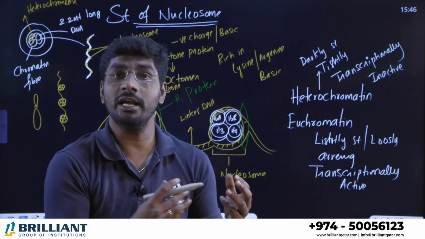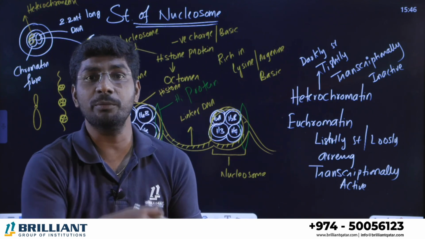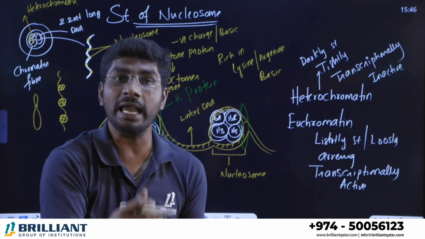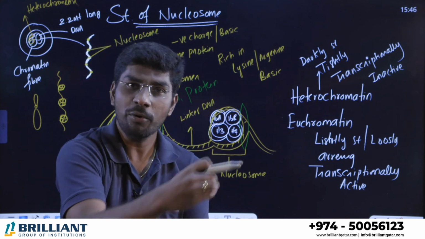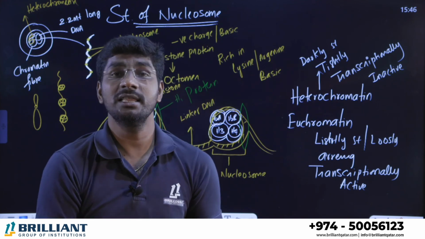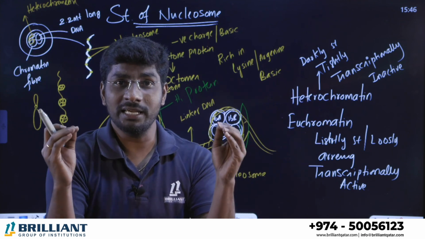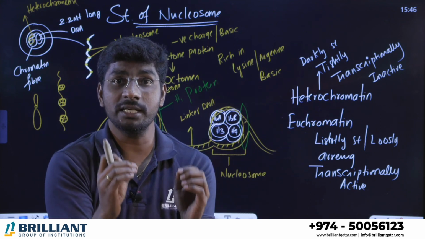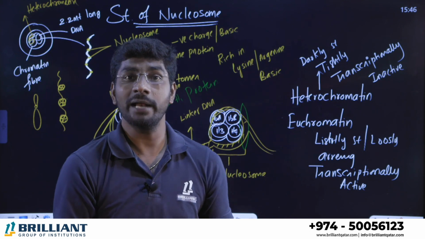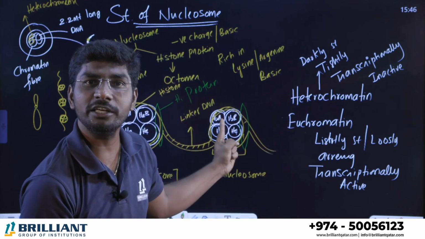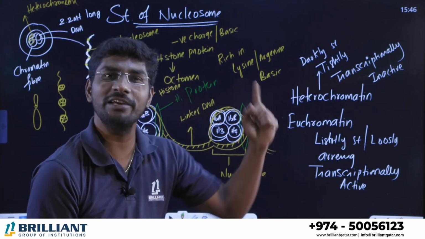Histone octamer has H2A, H2B, H3, H4, 4 plus 4. So total 8 proteins are there. So DNA wraps around these 8 proteins. That's how the 2.2 meter long DNA is present in a tiny nucleus. And this chromatin fiber starts to condense to form chromosome during cell division time.